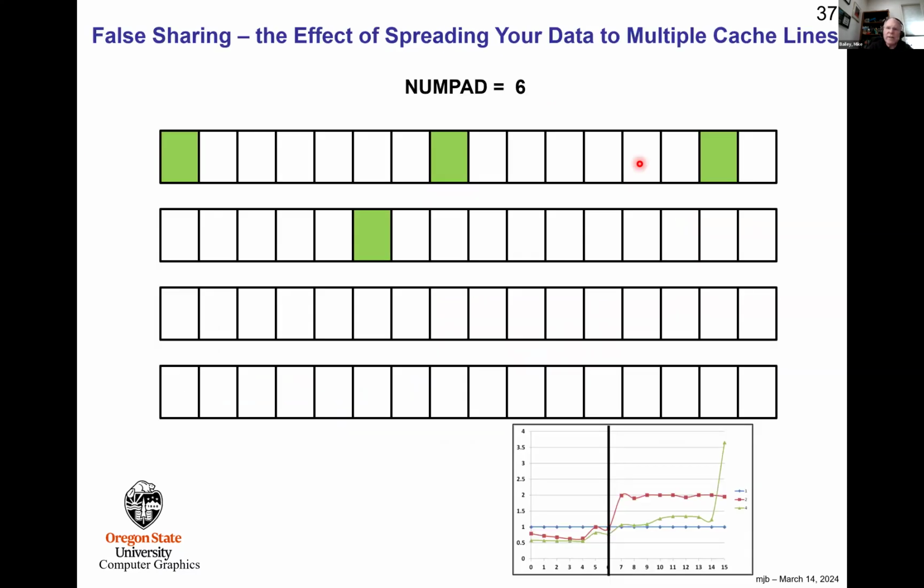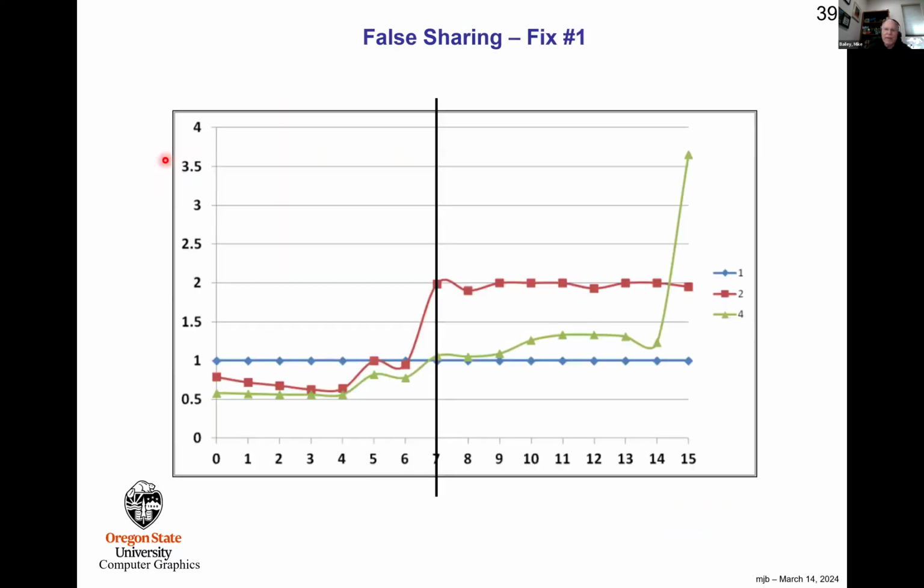All right, here we go again. Let's change numpad to 6, numpad to 7. Well, now this one and this one will invalidate each other's cache line. This one and this one will invalidate each other's cache line. But a moment ago, we had 3 of them invalidating each other's, and now we only have 2 at a time. So we're going to get less invalidation happening, and sure enough, our performance jumps again.